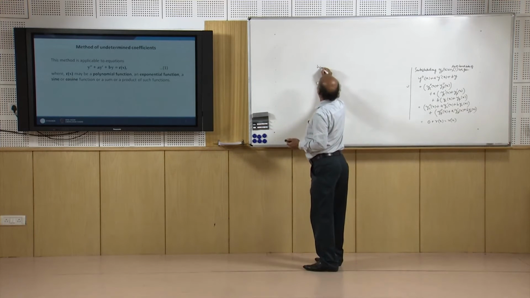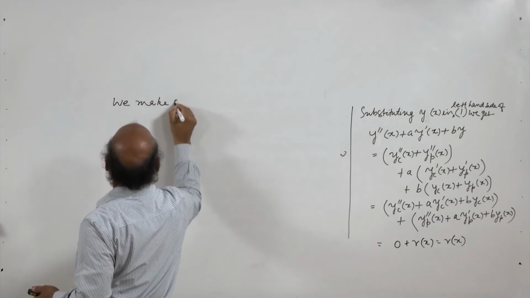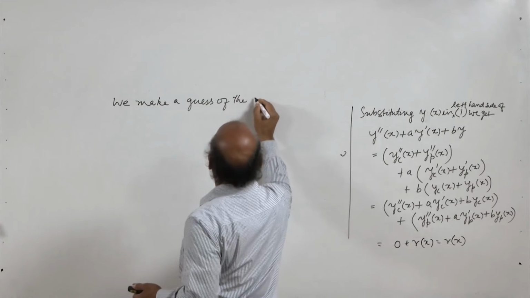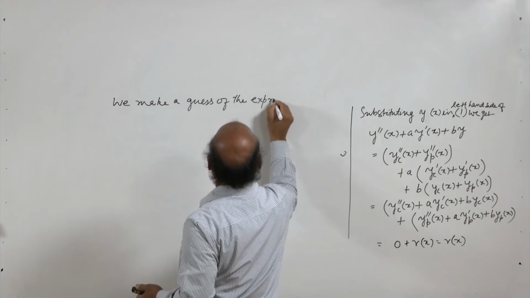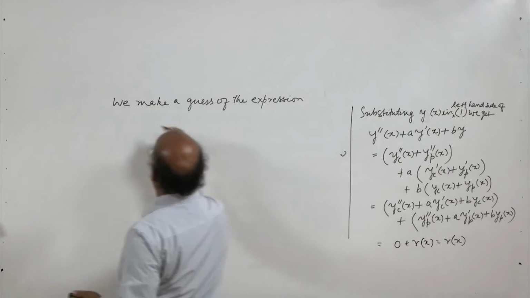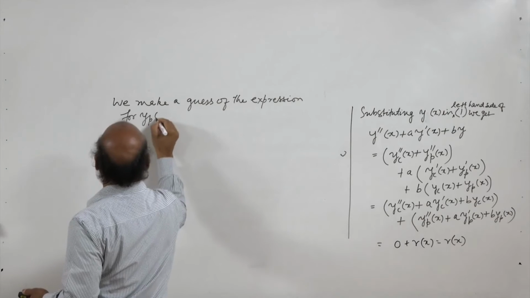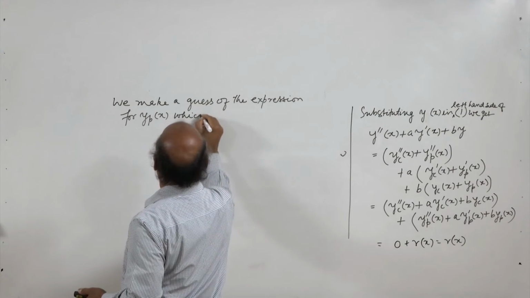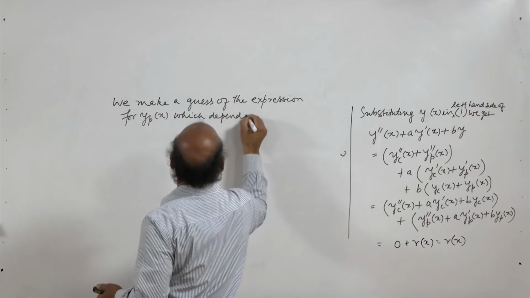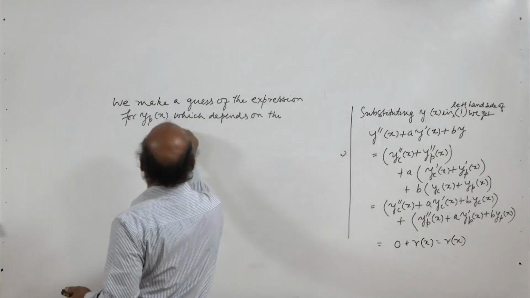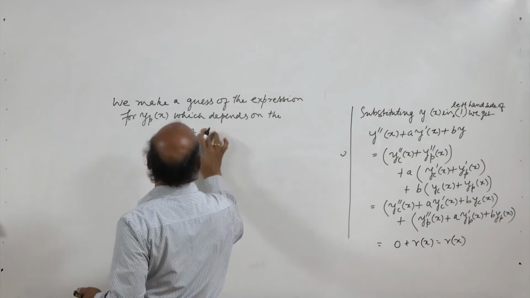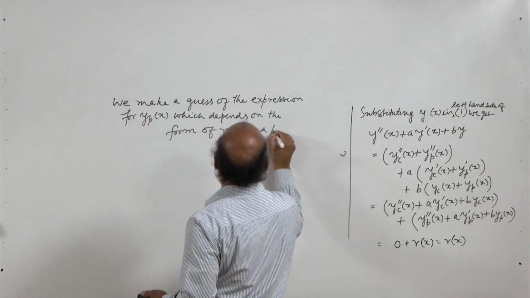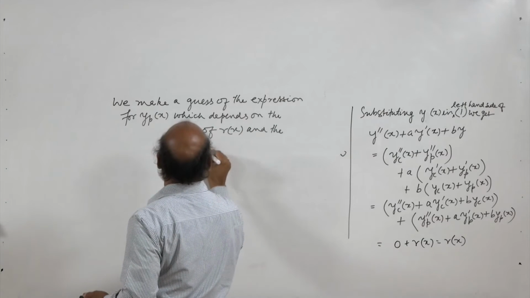So we make a guess of the expression for y_p(x) which depends on the form of R(x) and the complementary function.